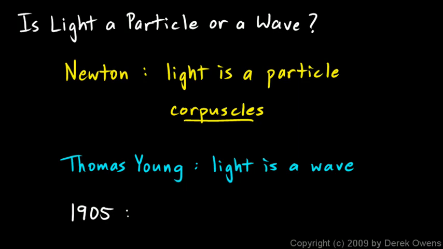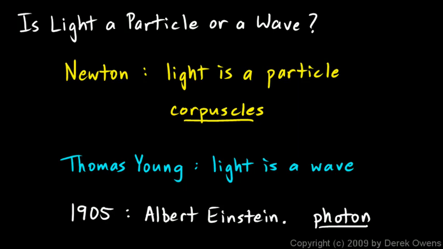And the physicist who did this was Albert Einstein, a name I'm sure you have heard. If there's anyone that was more of a genius than Newton in the field of physics, it was Einstein. And he produced this experiment showing that light was a particle. And he called a light particle a photon. So instead of a corpuscle, we have a new name for it, a photon.